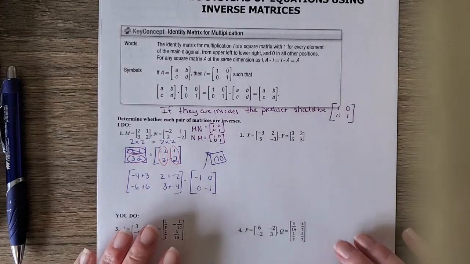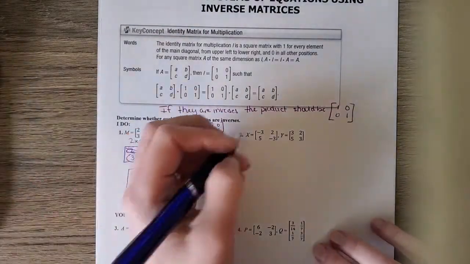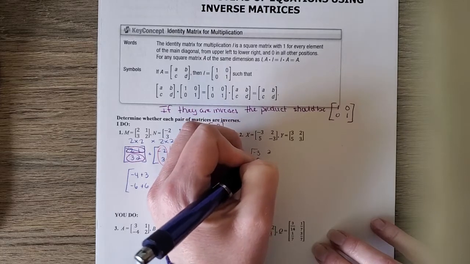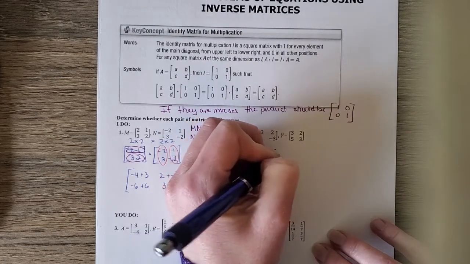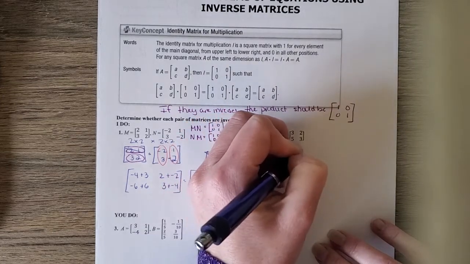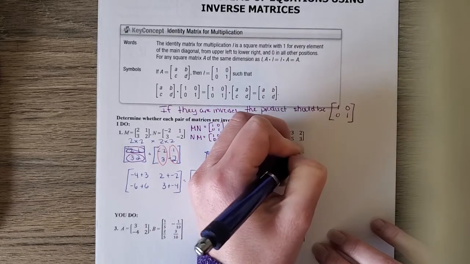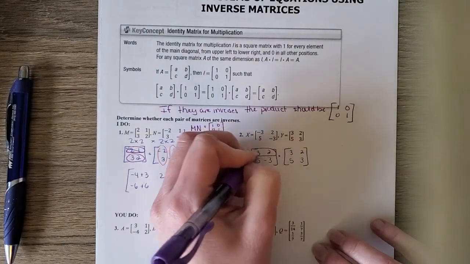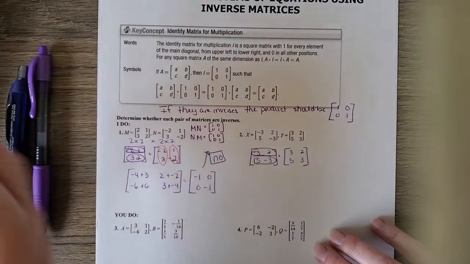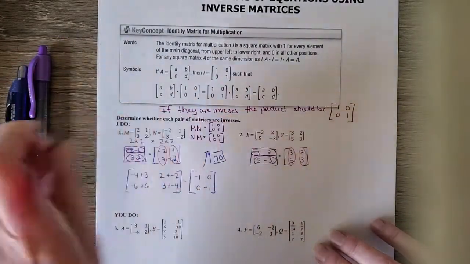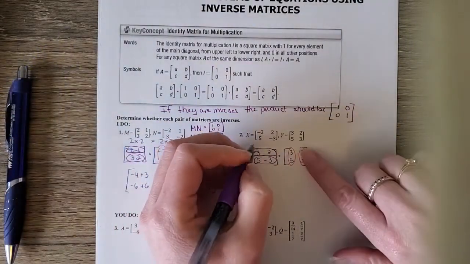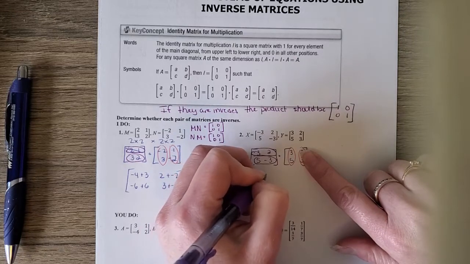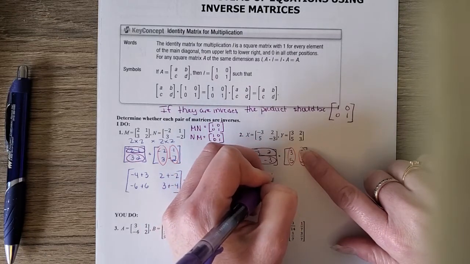So let's do number 2. I'm going to rewrite the matrix here, -3, 2, 5, -3 times, again, you can multiply in either order, but I'm going to multiply first times second. I'm going to circle my rows and circle my columns. First row by first column, I get -9 plus 2 times 5 is 10.